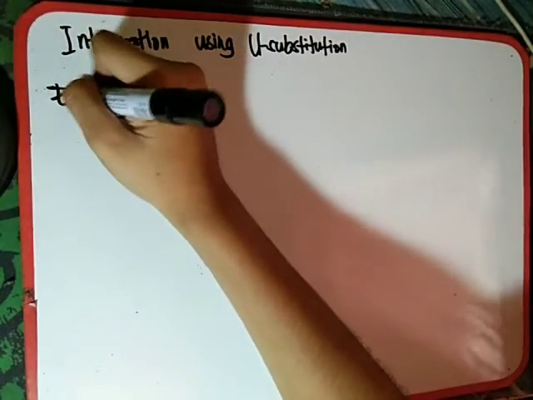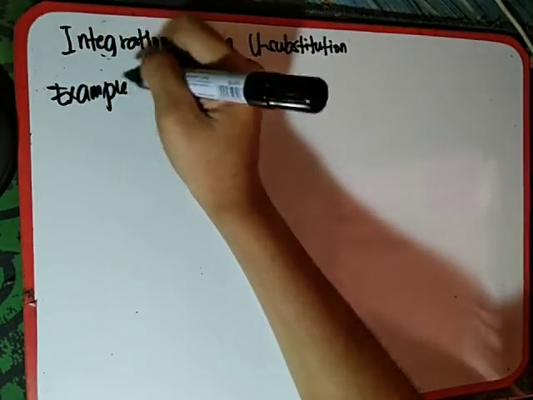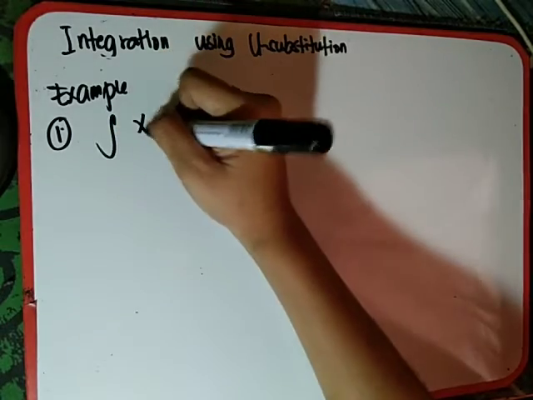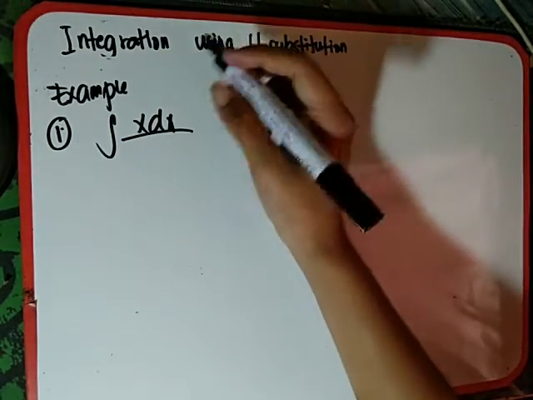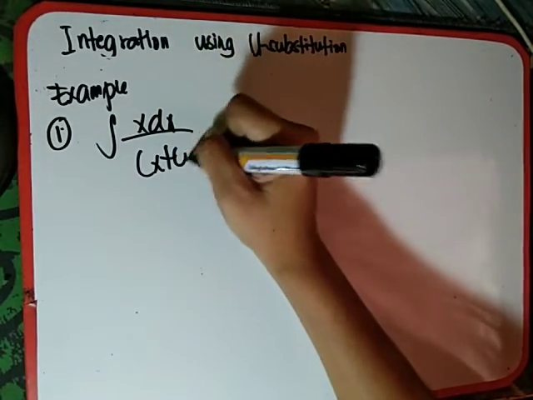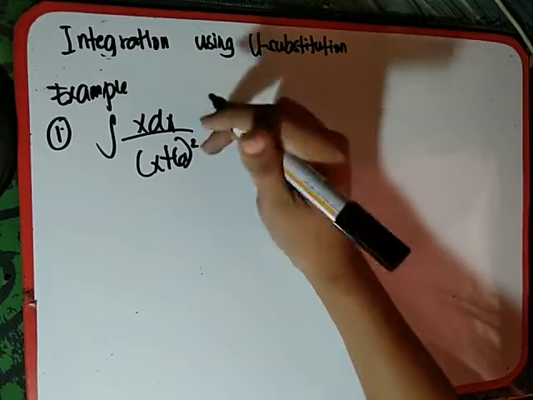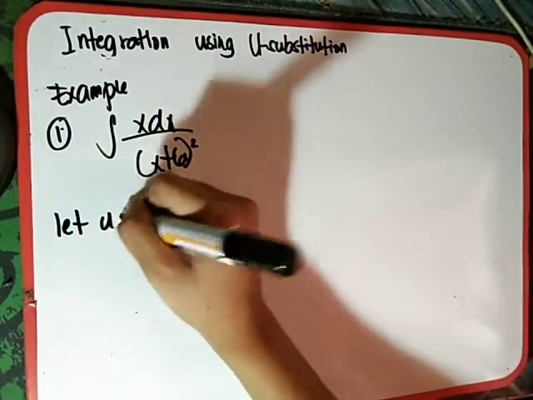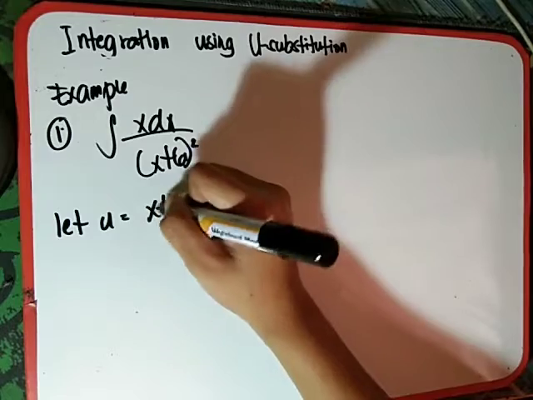Example number 1 is the integral of x dx over x plus 6 squared. So let u be x plus 6.